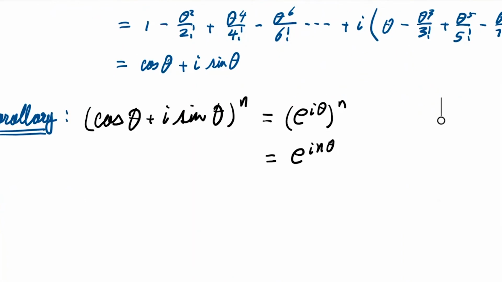Now we use Euler's formula back. And now we are going to go back to cosine and sine format. So look at n theta as a theta itself. Then that is cosine n theta plus i sine n theta. Whoa, there you have it, De Moivre's theorem.